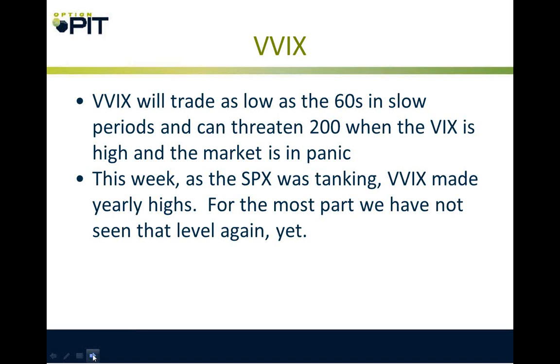A 200 volatility says that the likelihood is that VIX will triple itself or fall by a third, if you think about that, in the next year on an annualized basis. As SPX is tanking, VIX made year highs. That is a thing to understand.